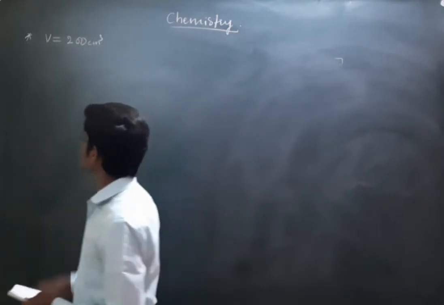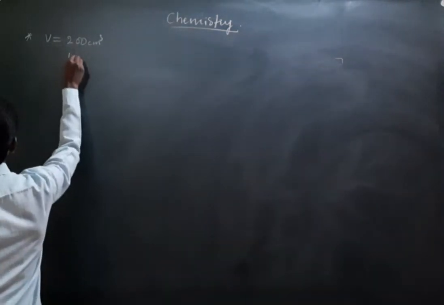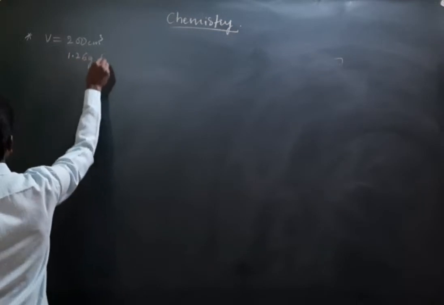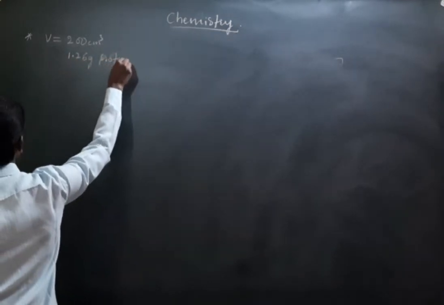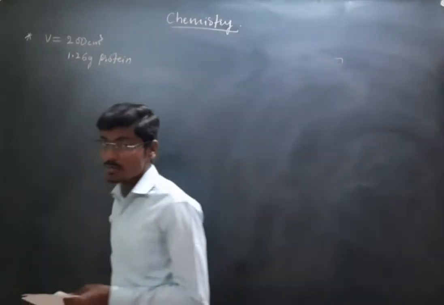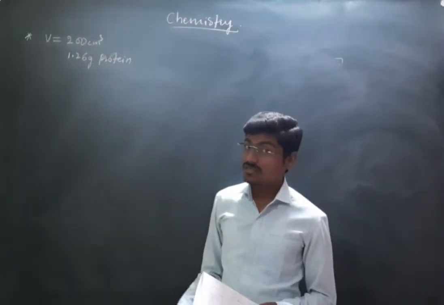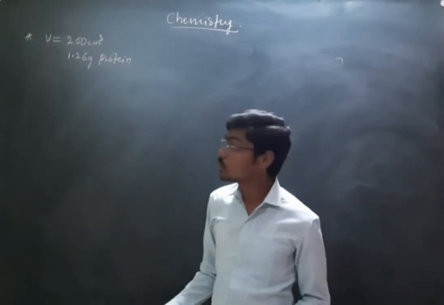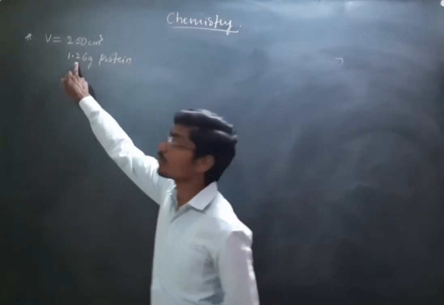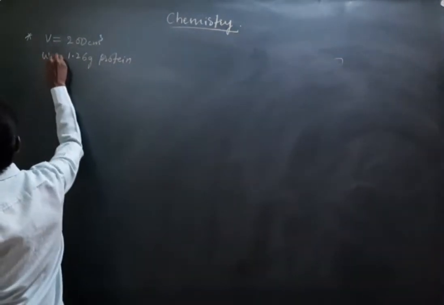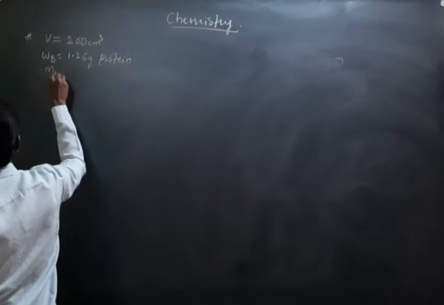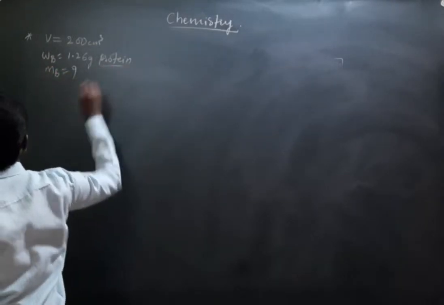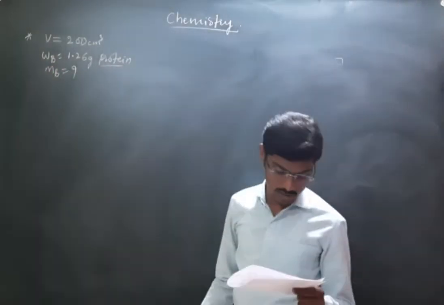So 1.26 gram of protein is present, and for the protein, the molar mass we don't know. So this is the given mass, WB. The molar mass of that protein we don't know, and that we need to calculate.